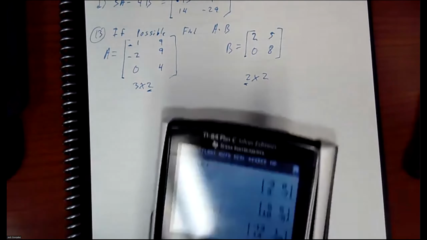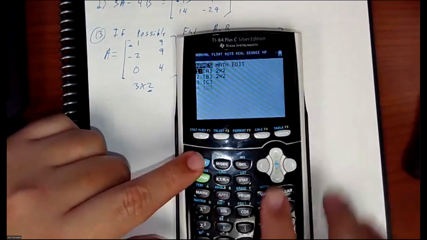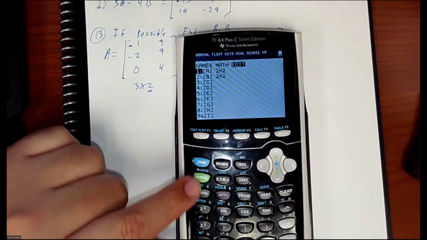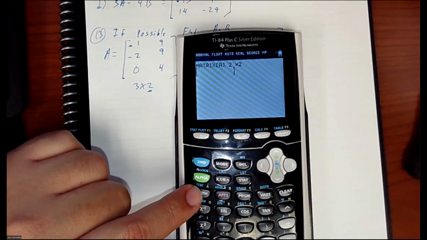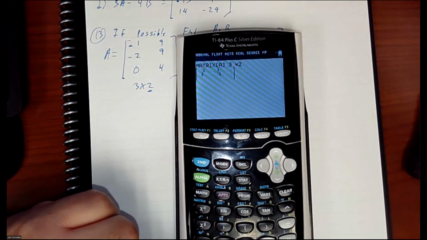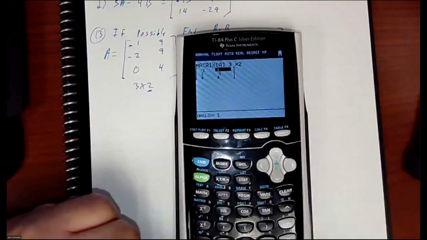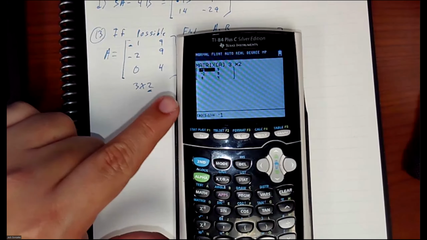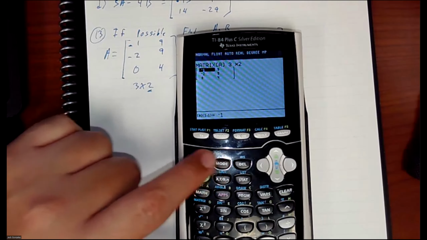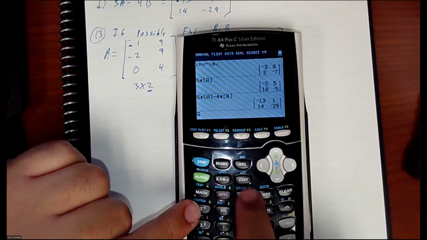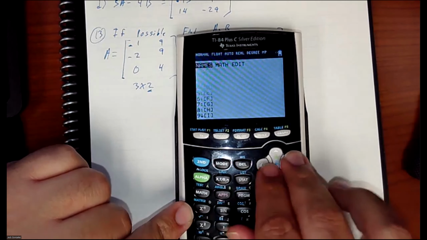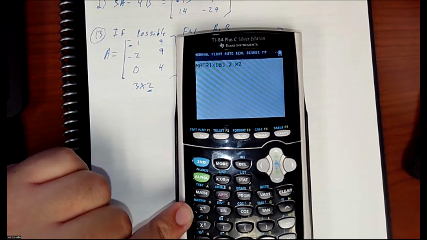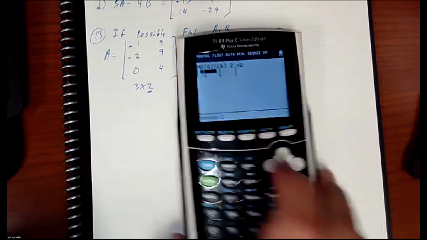So for multiplication, I highly recommend you use your calculator because they are annoying. And like we did it by hand in the notes, whatever will work. It's up to you. So A is -1, 9, -2, 9, 0, 4. Go in there and make the B. It's already 2 by 2.